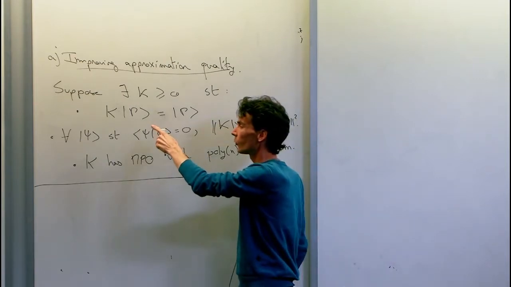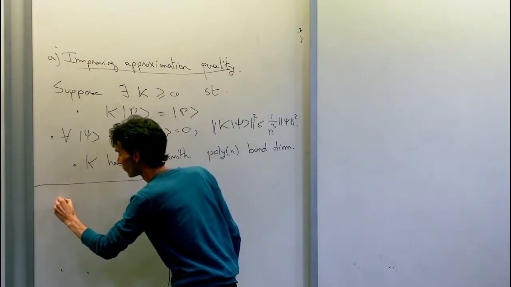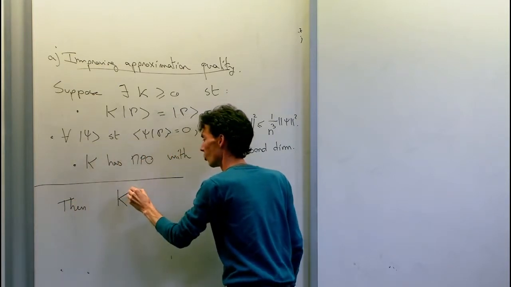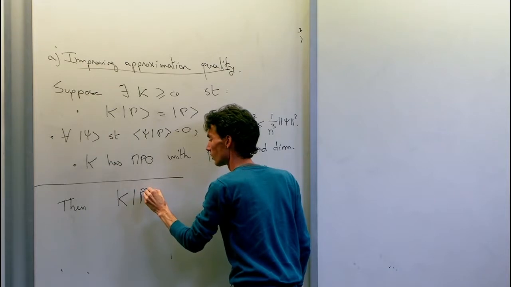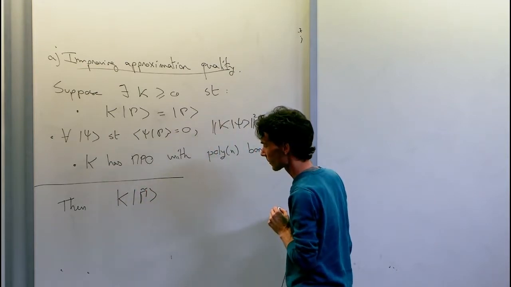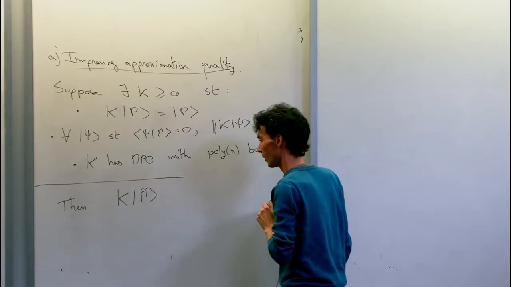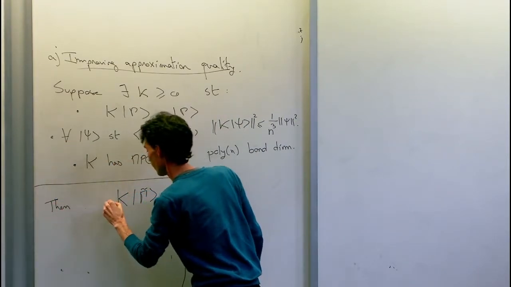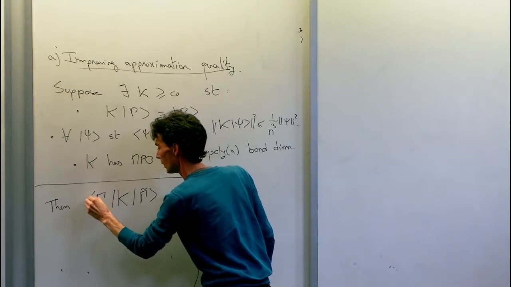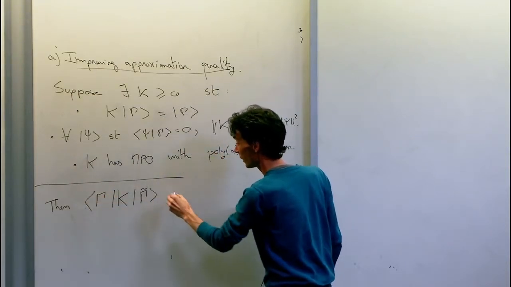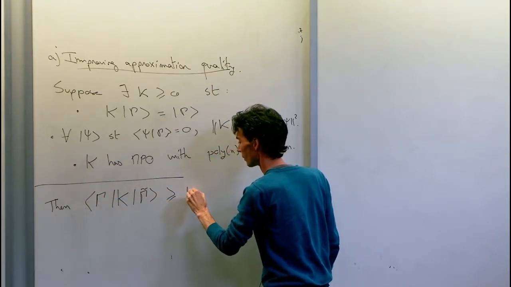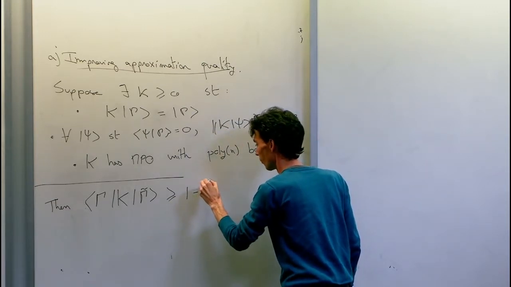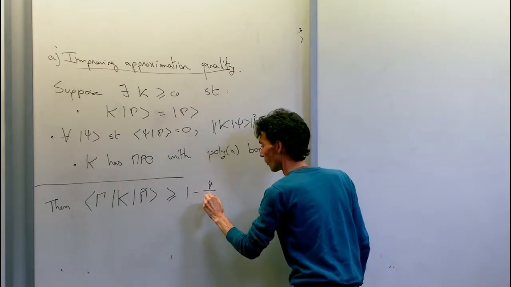What's useful to note is that if I apply K to even something that's an approximation to the ground state, then I look at the overlap with the ground state, and this is going to be bigger than, I don't know what the numbers are exactly, but let's say 4 over n cubed, right?